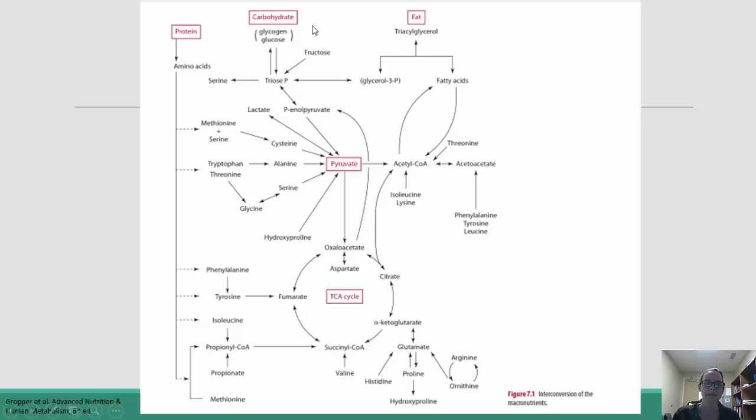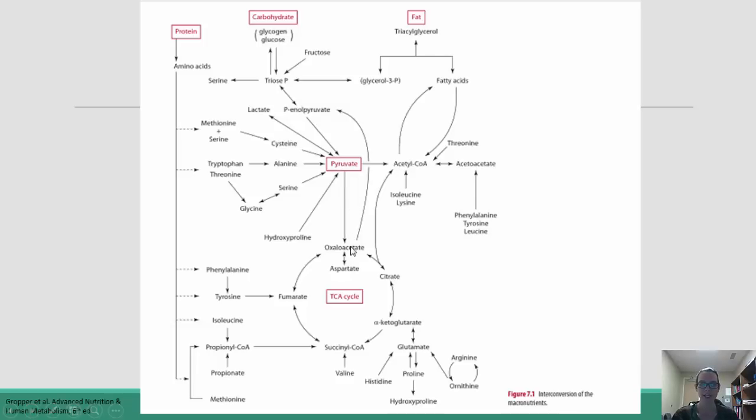Okay, so then we have our carbohydrate, our kind of king that we talk about. These are converted to our triose phosphates, which is our G3P and our DHAP. So that G3P can then be converted to glycerol, which can then be used to form triglycerides. Also, though, it can be converted to pyruvate.